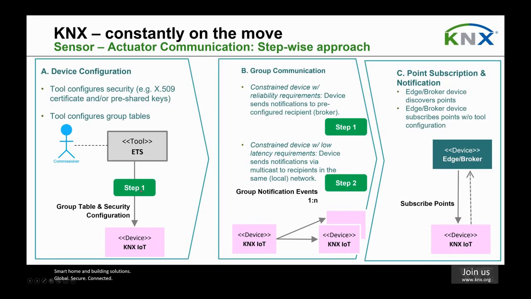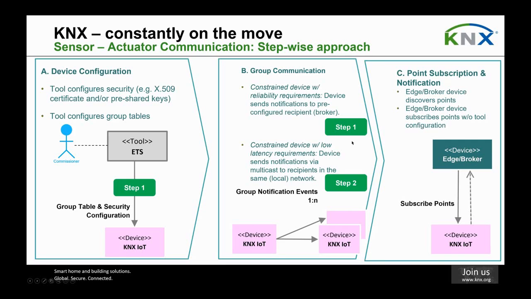This is seen as a first step, as well as being able to load the group tables or the assigned group addresses that the tool allows you to download in a KNX IoT device. This sounds logical because you are very used to that in the current ETS, but of course, for the time being, you cannot yet do that for a KNX IoT device.